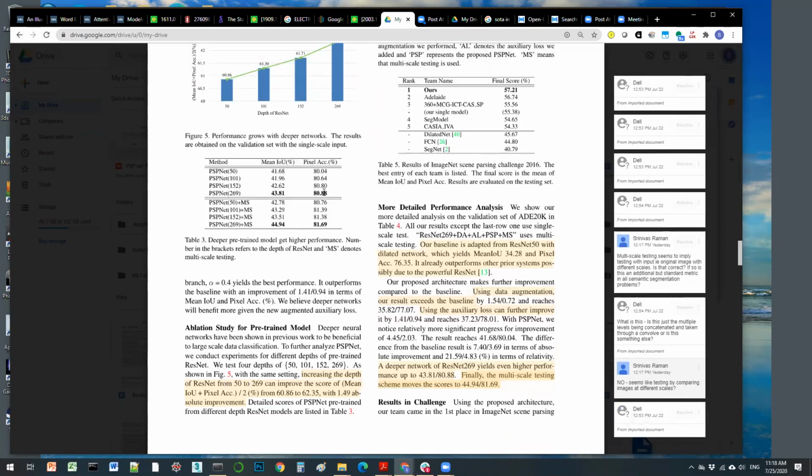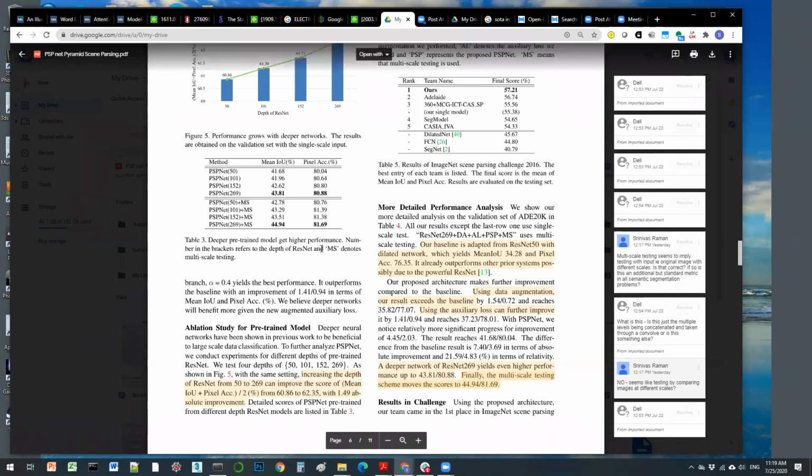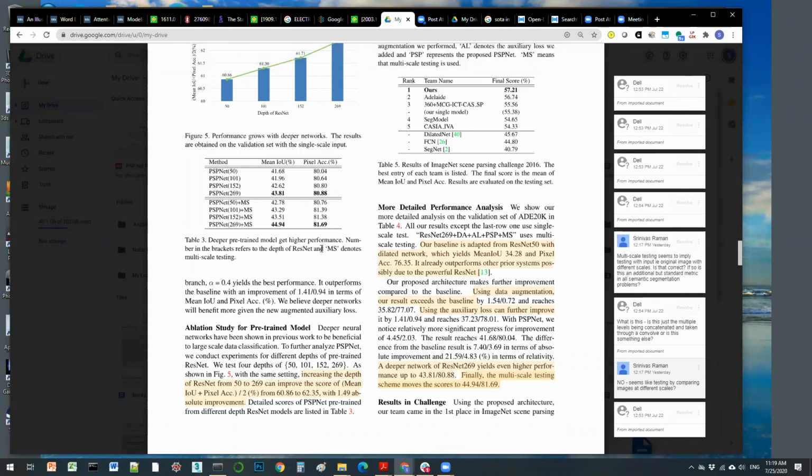And then they do this second thing, which is they define this multi-scale, which they don't define anywhere. And I can tell you my guess at it, but I'm not sure because they have not defined it anywhere, but I'll share what I believe it is. It says MS denotes multi-scale testing.